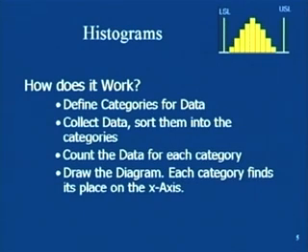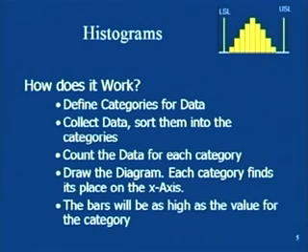Then we draw the diagram. Each category finds its place on the x axis. The bars will be as high as the value for the category. In the histogram shown here, these are the different bars, the first, second, third, fourth and fifth categories are mentioned, and the height of the bar represents the value of that category, meaning how many observations fall in that category.